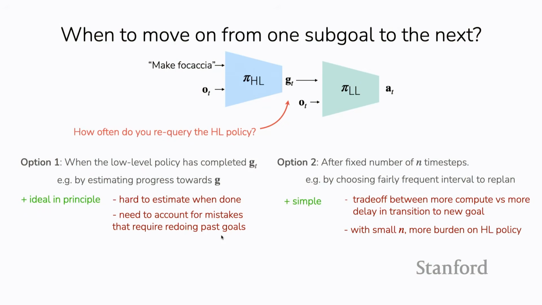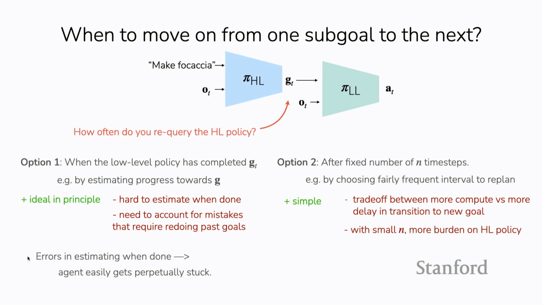In general, if we wanted to think about how these pros and cons relate to each other, we can think about how these pros and cons lead to different downstream performance. With regard to estimating when you're done and accounting for mistakes, if you make a mistake in estimating when you're done, then you could end up in a situation where the agent is perpetually stuck.